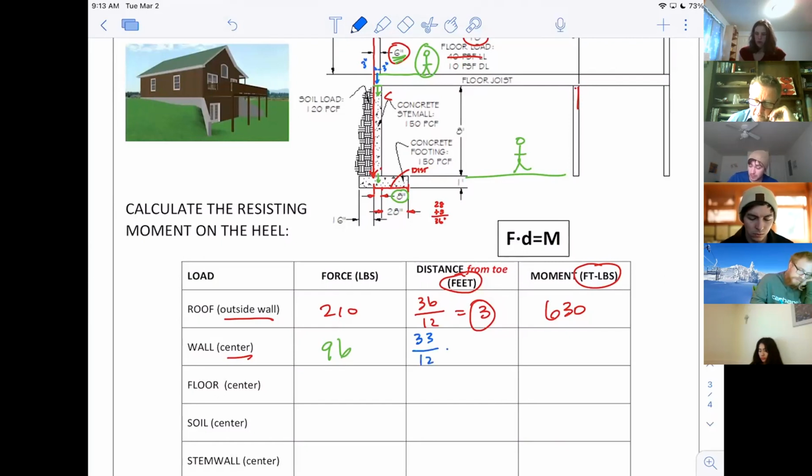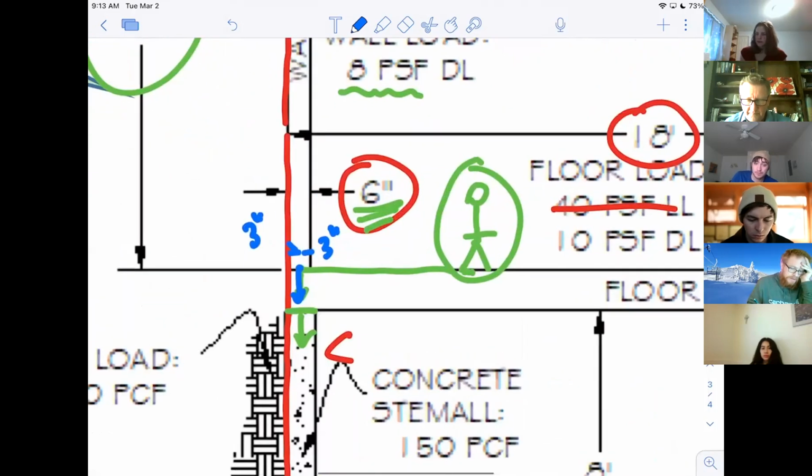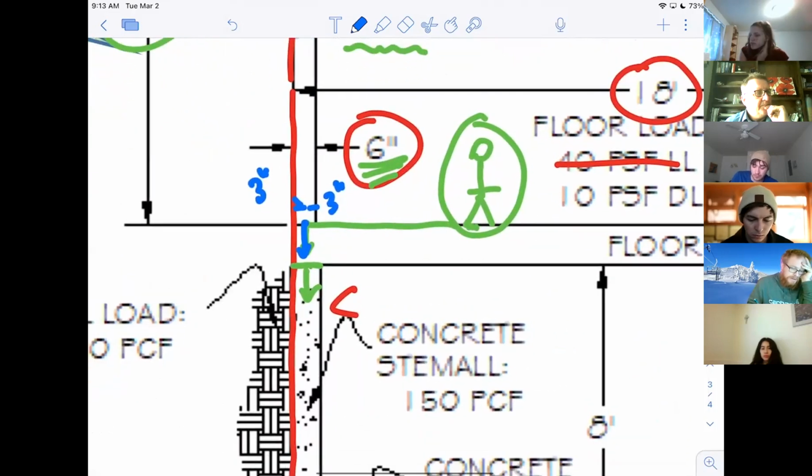And if I divide that by 12, I get 2.75, because you can't multiply by 2 feet 8. And that's actually 2 feet 9, not 2 feet 8. I also got 32 because we're cutting that 8 in half, right? No, it's 6 because that's a 6-inch wall. Oh, I made a mistake on that then.